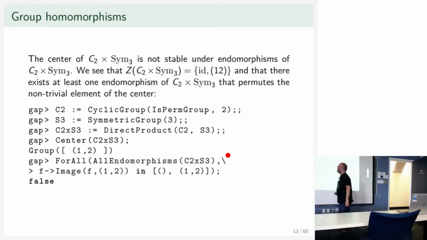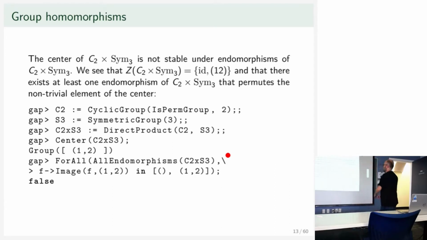So the center of this group is not invariant under endomorphisms of the group. First of all, I'm going to compute the center, and then I'm going to see that there is at least one endomorphism that permutes the non-trivial elements of the center.